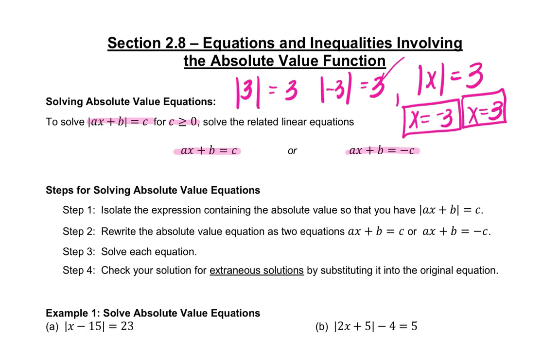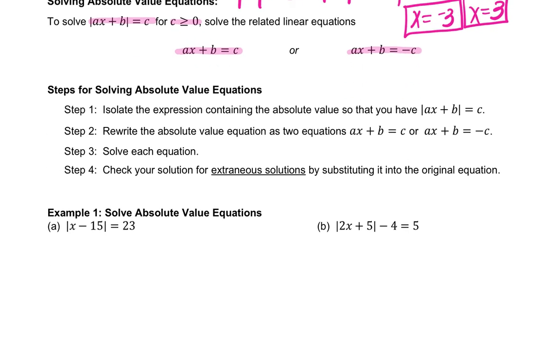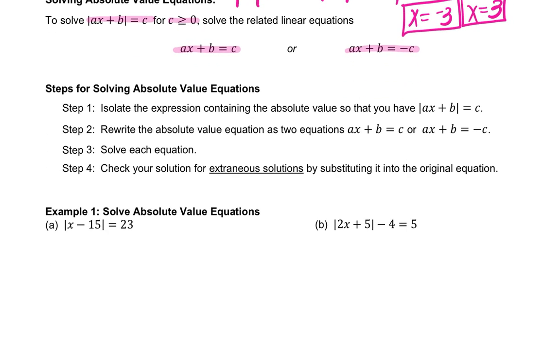So first off, you have the positive side and you have the negative side. You're going to isolate the expression containing the absolute value. So everything that's inside the absolute value will be on the left. Everything else moves to the right.